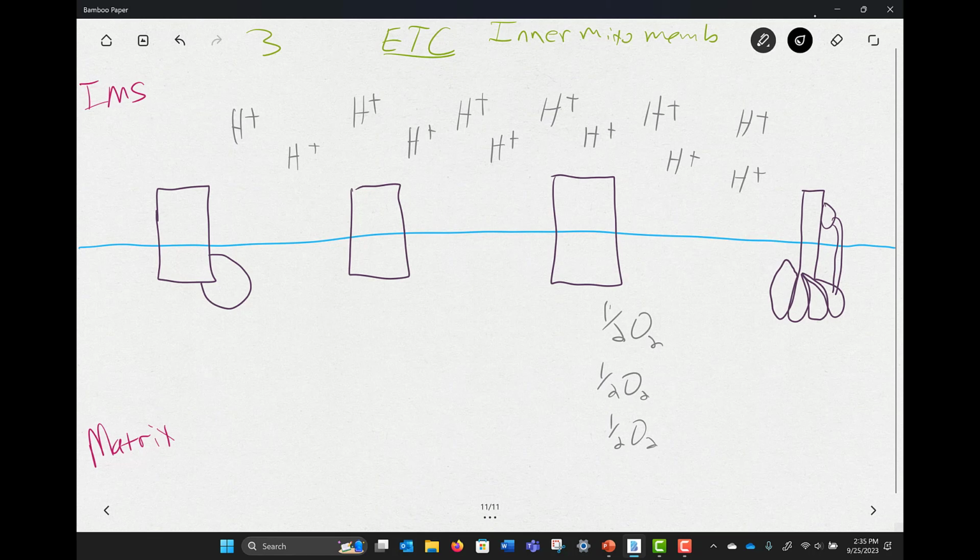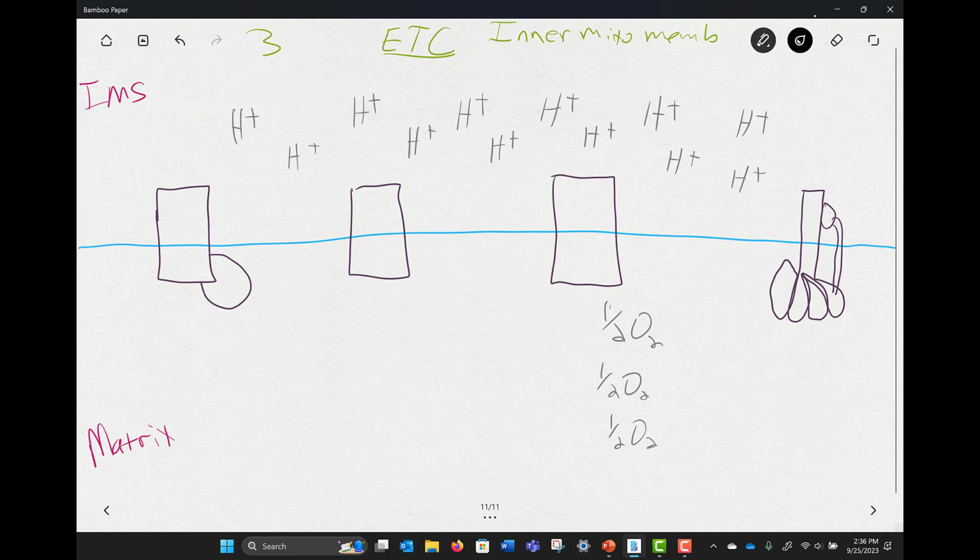Those two oxygen atoms stuck together are what we breathe. But by the time it gets to this point, they have been broken apart. They are now oxygen atoms. Our book writes 1/2 O2 just to show you where it came from. It is the oxygen that we breathe, but it is no longer O2. It has been split.